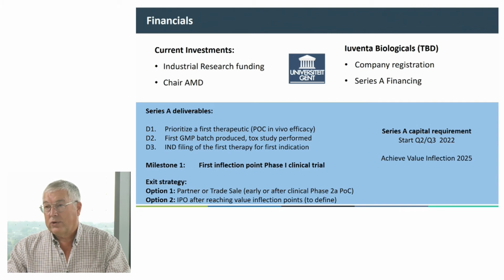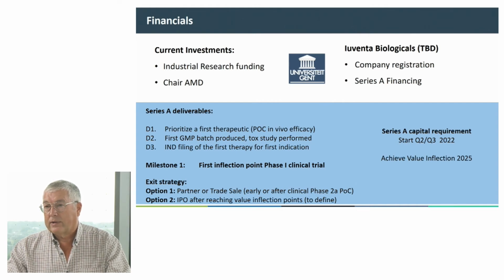University of Ghent has supported Juventa Biologicals through industrial research funding and through an AMD chair. And in the near future, Juventa Biologicals will be registered as a company and will seek Series A financing. We should obtain this by Q2, Q3 of next year, with an aim to achieve value inflection by 2025.